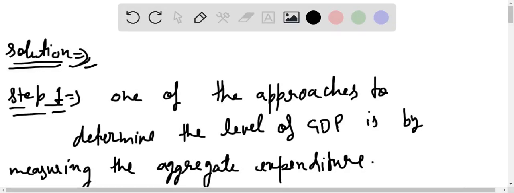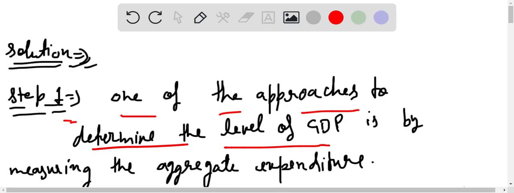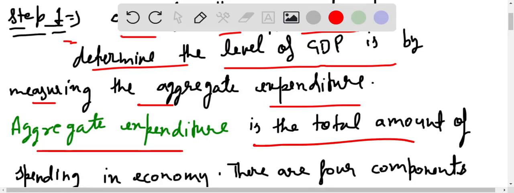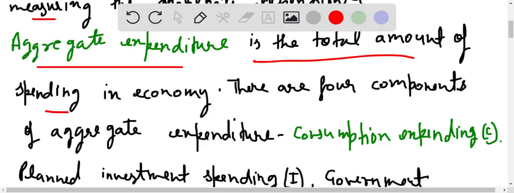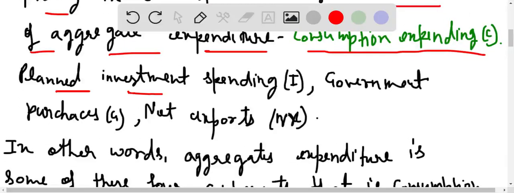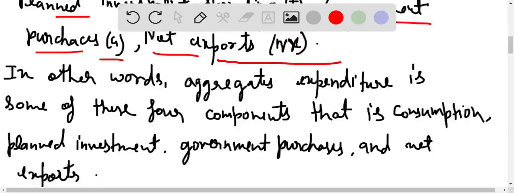Here is the solution. For step one, the approach to determine the level of GDP is by measuring the aggregate expenditure. Aggregate expenditure is the total amount of spending in the economy. There are four components of aggregate expenditure: consumption spending, C, plant investment spending, I, government purchases, G, and net exports, NX.